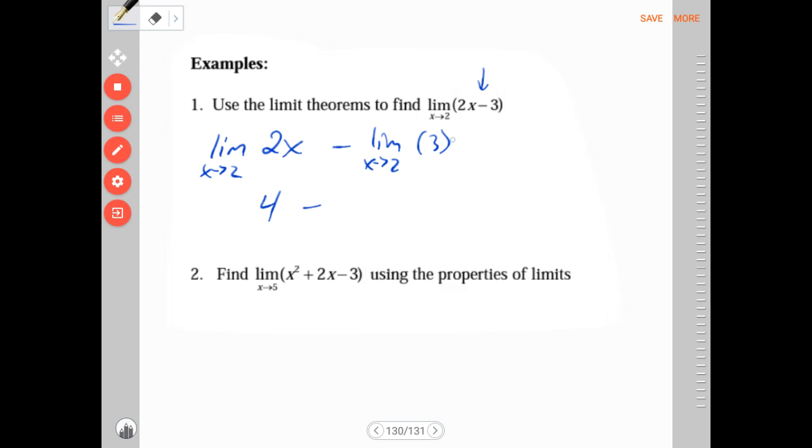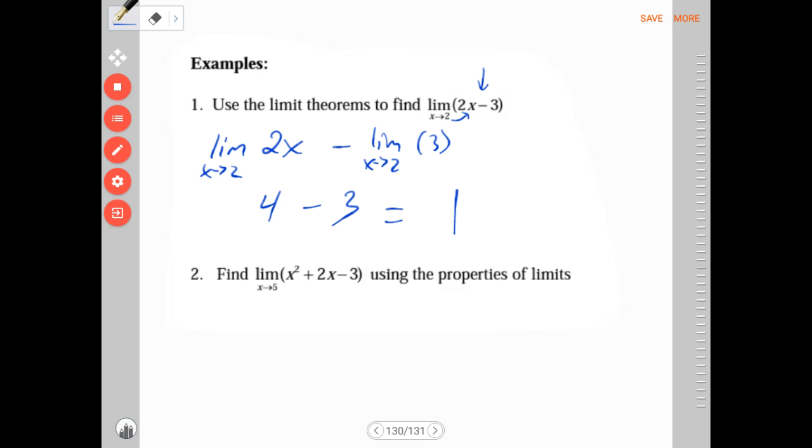This limit, remember there's no x in the 3, so that's just 3, so it equals 1. Remember, guys, these are continuous functions, so if we just put the 2 in there, 2 times 2 is 4, minus 3 is 1.